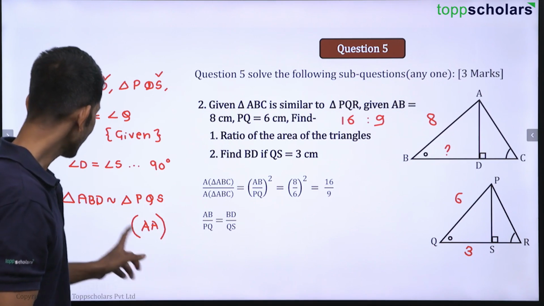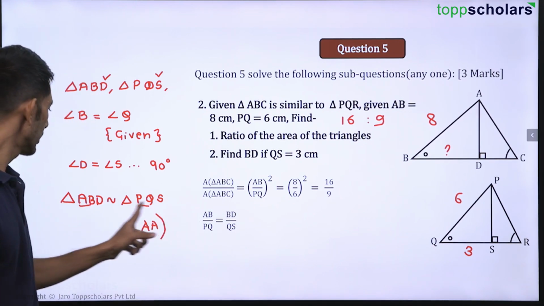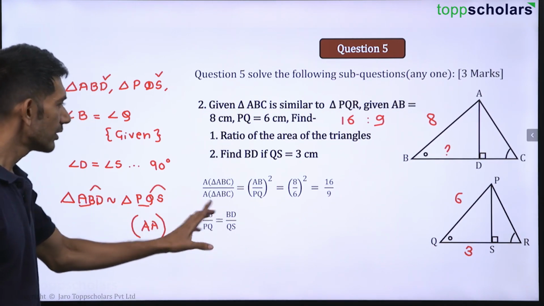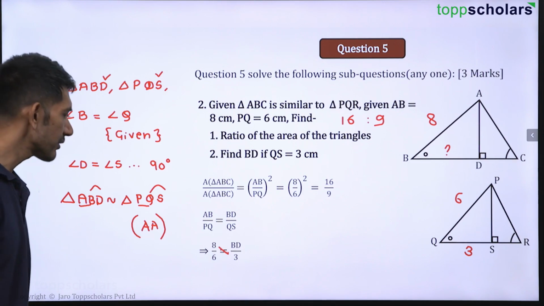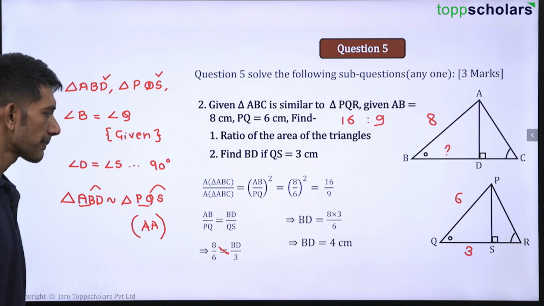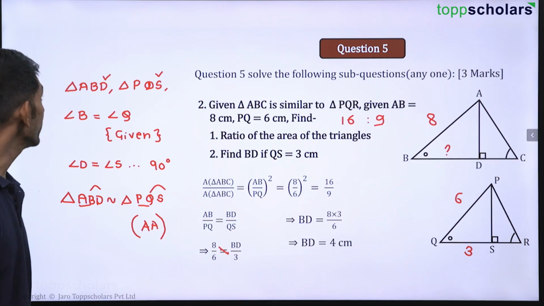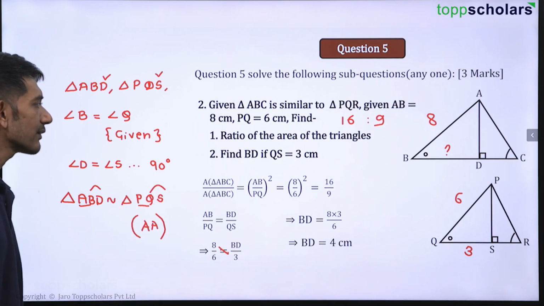And yes, once they are similar, you can write down AB by PQ is equal to BD by QS. Put the values. 8 by 6 is equal to BD by 3. 8 multiplied by 3 by 6, BD is equal to 4. That's it. We got the value of BD, and that's how we can get the value of BD if QS is 3.